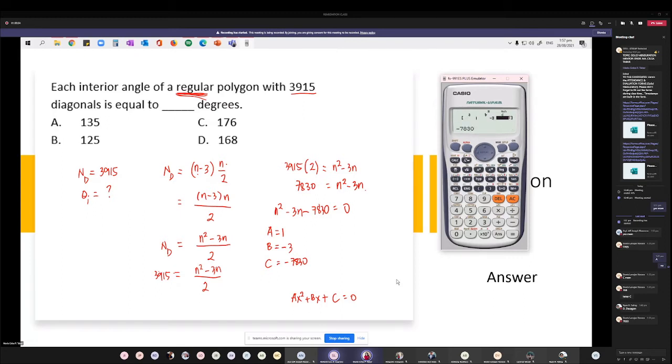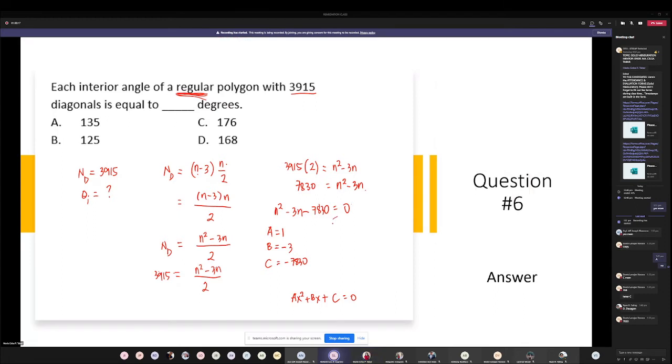Once you press the equal sign, and another equal sign, it would give two values of n. One is 90 and the other one is negative 87. The number of sides should always be positive. So n sub 1 is 90 and n sub 2 is negative 87.